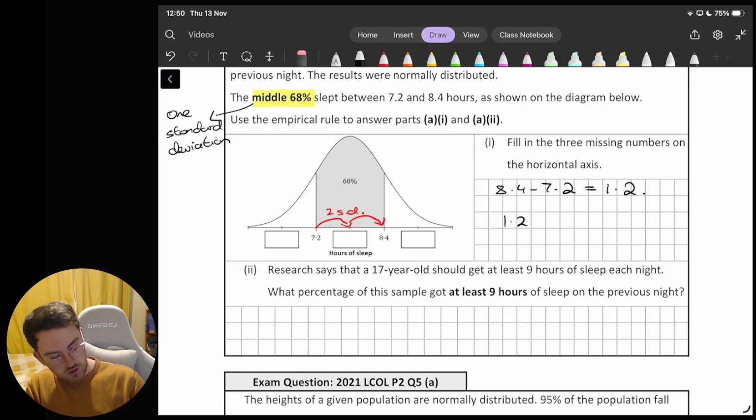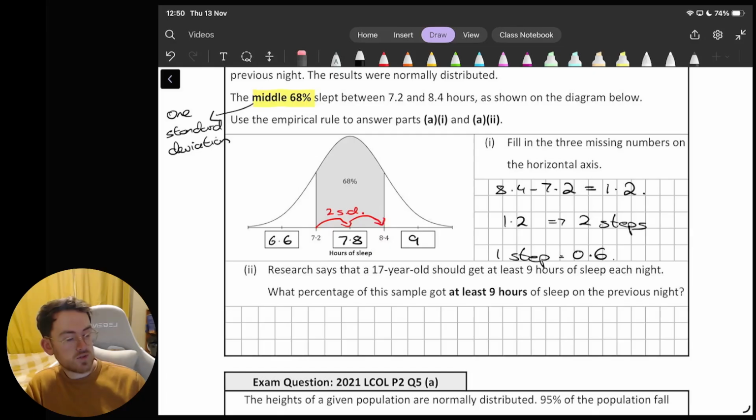That 1.2 was 2 steps, which would mean that one step needs to be 0.6 or 1 standard deviation. So that would bring me to 7.8 here, and then up to 8.4, 9 and to 6.6. So we can fill it out nice and easy there, but just taking that extra step to work out exactly what's happening in this case, knowing for ourselves that that was 2 steps, and then using that to work it downwards.